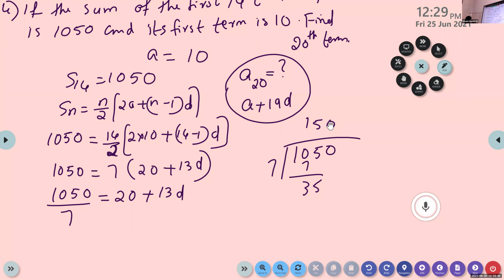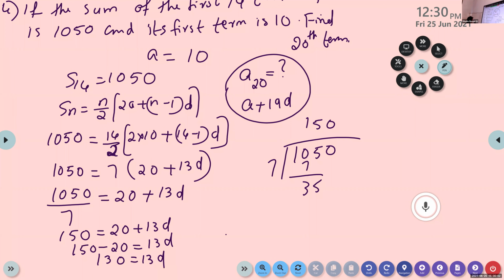So 150 equals 20 plus 13d. 150 minus 20 equals 13d. So 130 equals 13d, so d equals 130 by 13, which is 10. D equals 10.